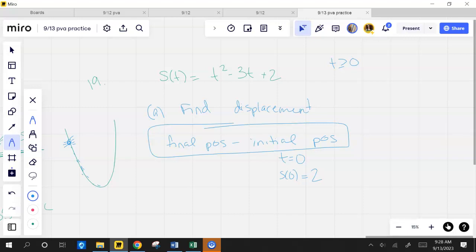So that's what displacement means. Change in position. Final position is when time is 5, because it says during the first 5 seconds. So first 5 seconds would mean from starting point, 0 seconds, to 5 seconds, right? So when t is 5, what is that position?